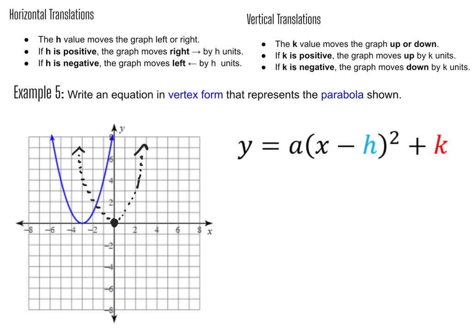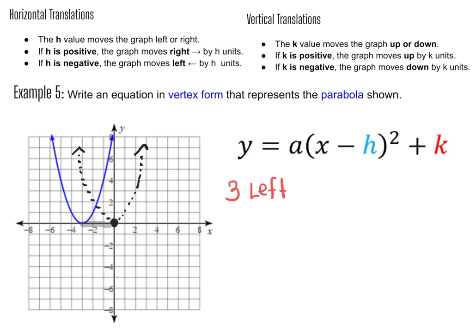So I see that we have moved 1, 2, 3 units to the left. So I'm going to tell myself that I moved 3 units left so that I can identify if this means an h or a k.